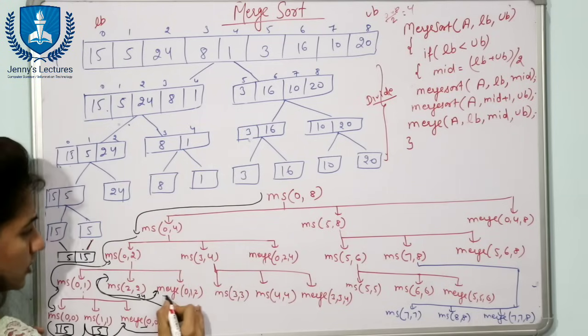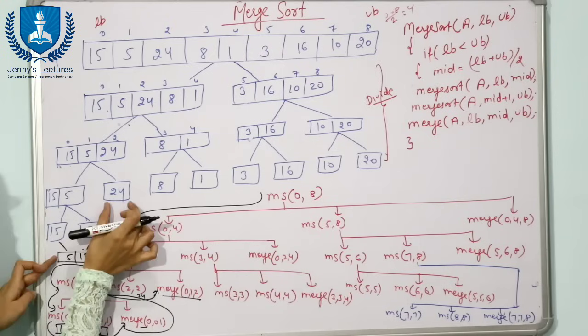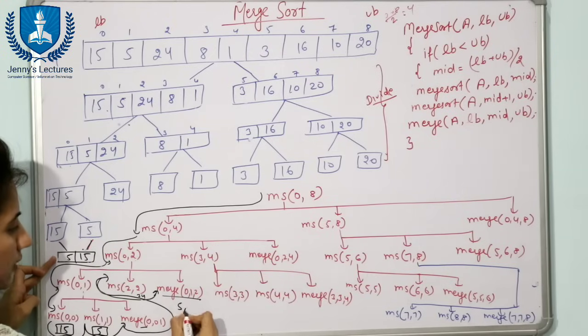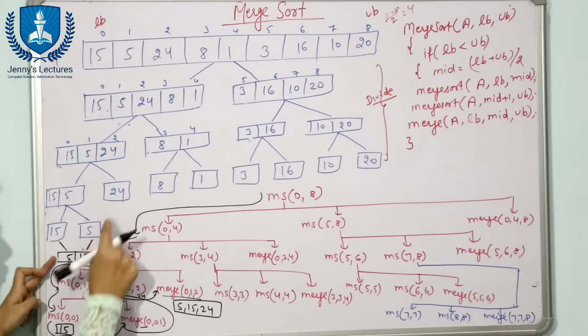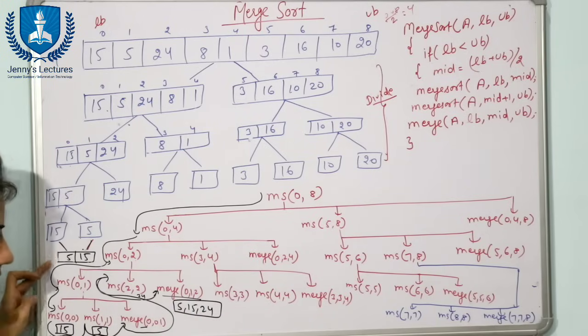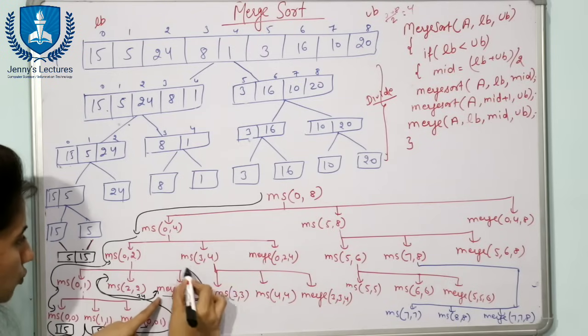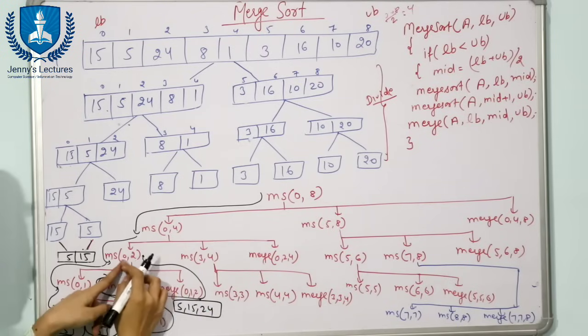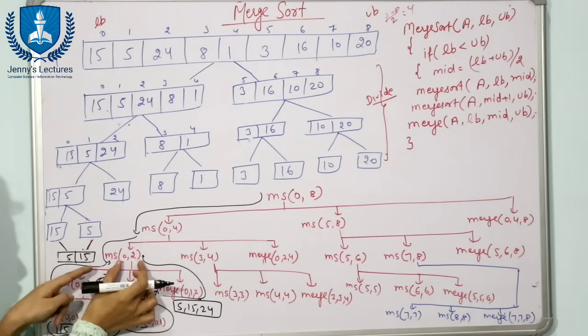Fine. Now this sublist would be merged this and this. Now this list would be 5, 15 and 24. Fine. Now control would go to here only. Now this one is done, 0 to 2. Now list 0 to 2 is what?